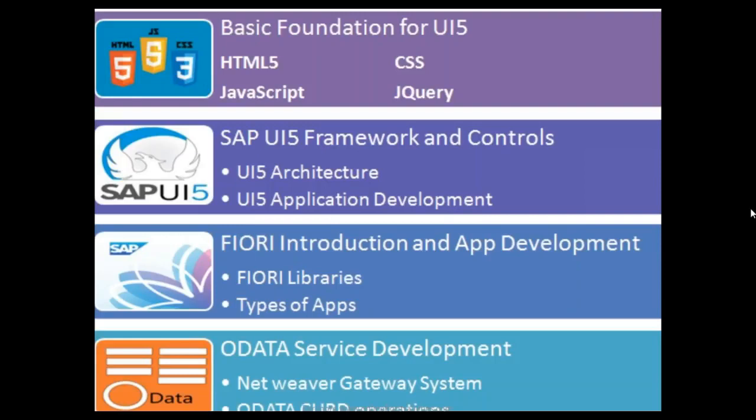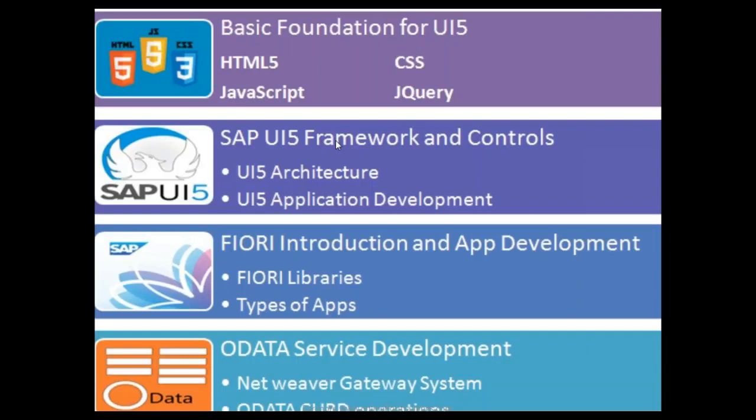Yep. Yeah, what is the exact difference between UI5 and Fiori? Both are same or? Okay. So UI5 is the framework. So you see here UI5 framework. This is a framework which provides you a collection of libraries with which you can build the screens, right?